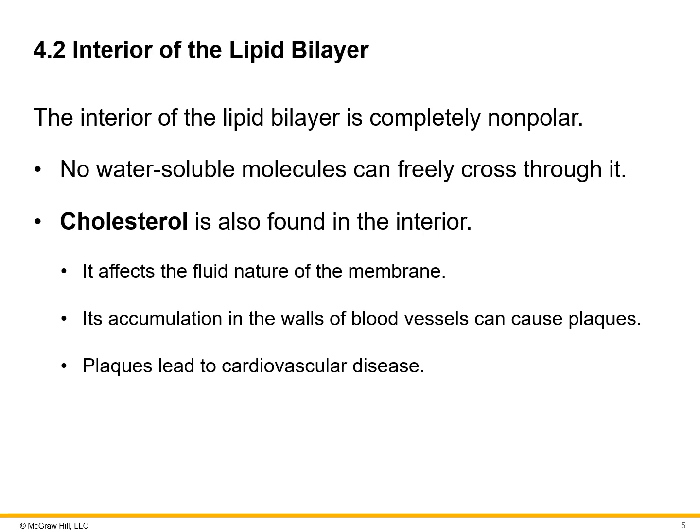So that means the inside, the middle of this bilayer, again, bi meaning two, the inside is completely nonpolar. Again, nonpolar just means it doesn't like water. And this is what allows it to be that gatekeeper. Because no molecules that like water are going to be able to freely cross it.